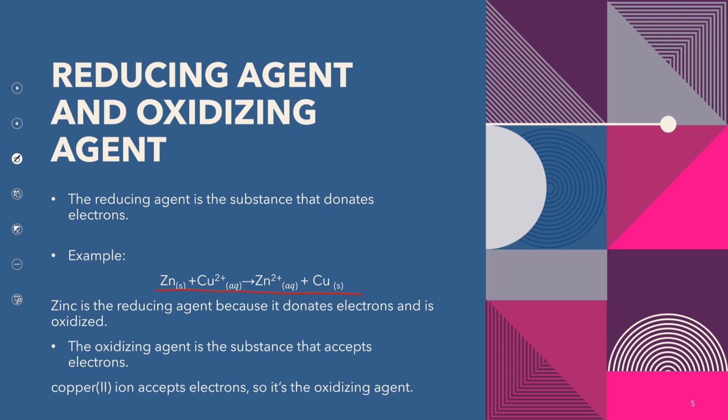Copper 2 ions accepting the lost electrons, and we can say it is the what? Oxidizing agent. So you can say the reducing agent is the substance that donates electrons in a chemical reaction, while the oxidizing agent is the substance that accepts electrons.